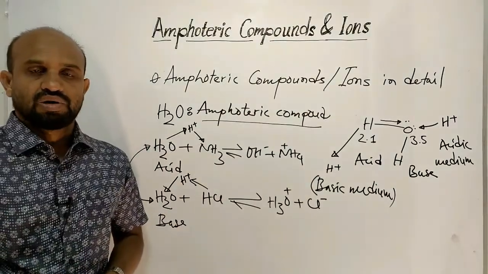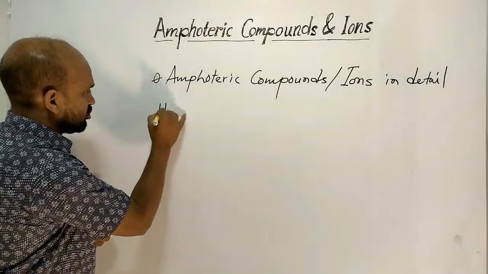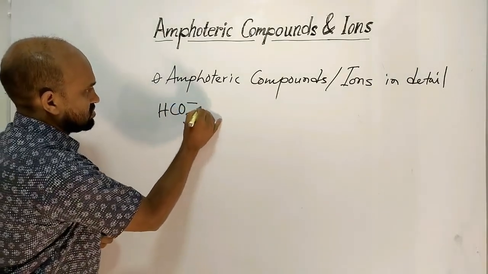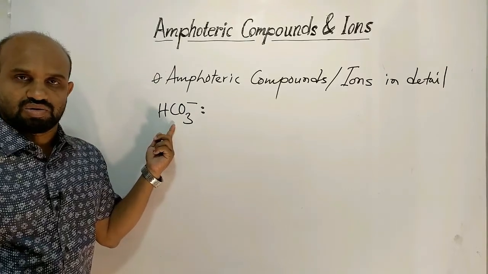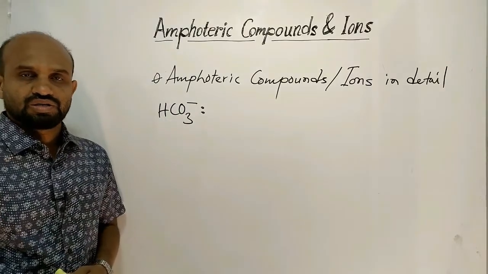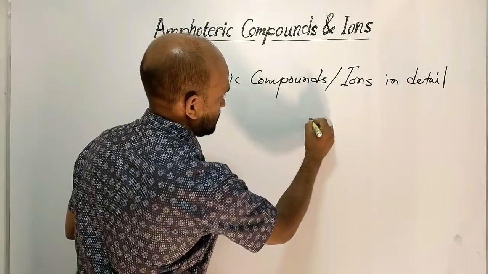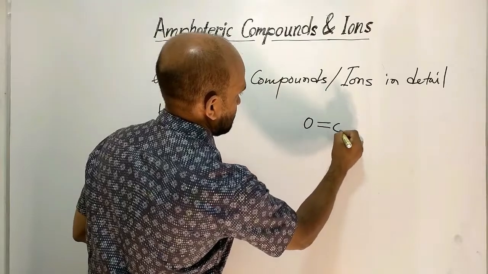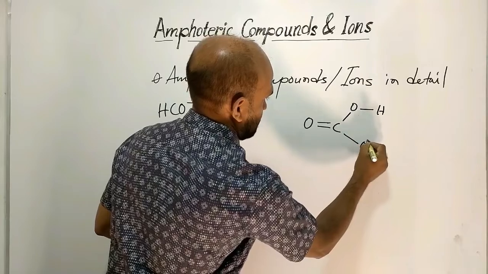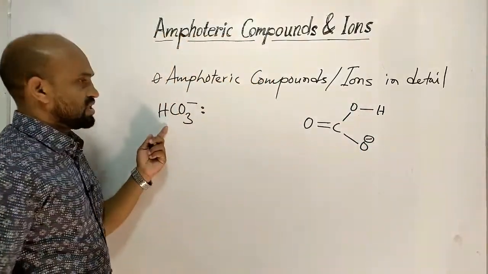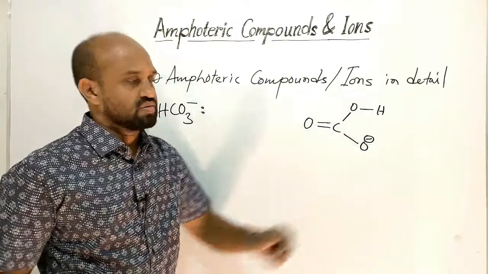Now let's see some ions. The ion is bicarbonate ion. Let's see whether this is an amphoteric ion or not. First of all, let's see the structural formula of bicarbonate ion. This is bicarbonate ion with 1 minus charge.